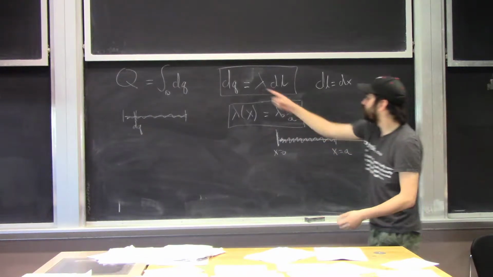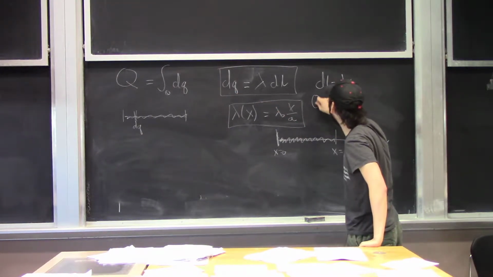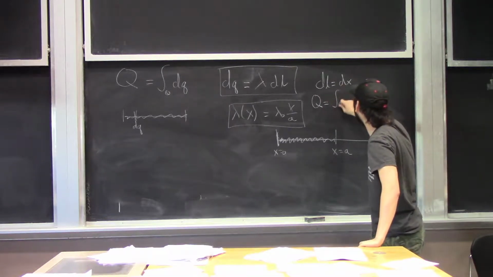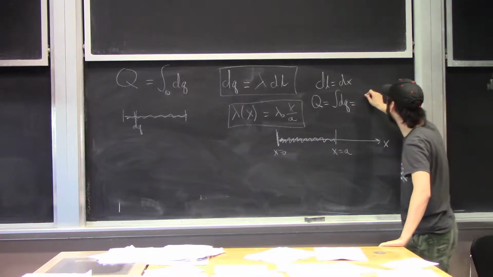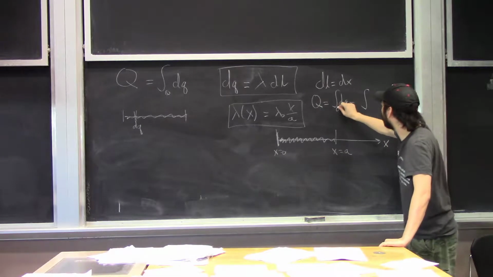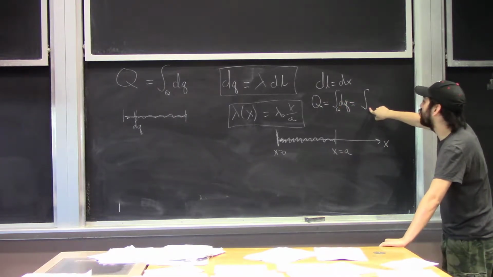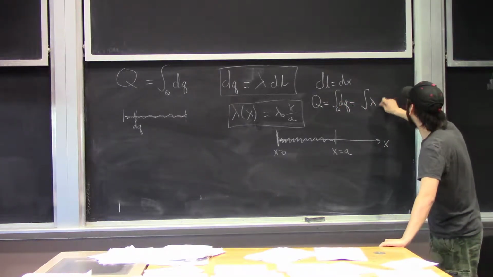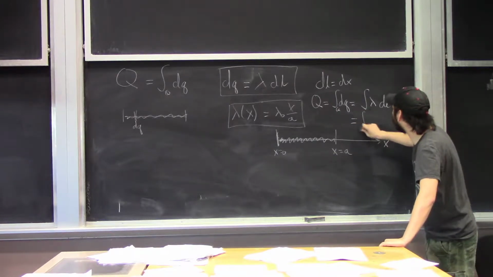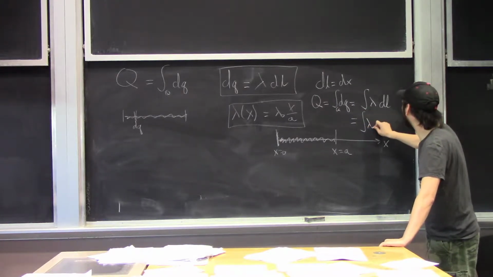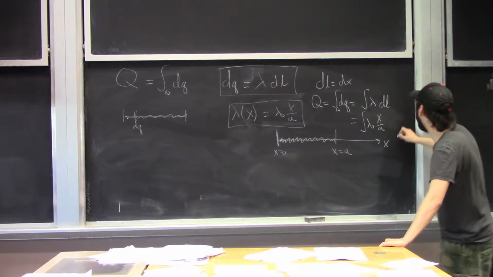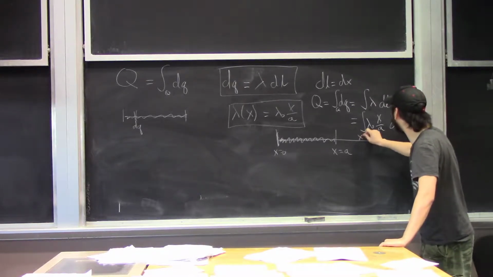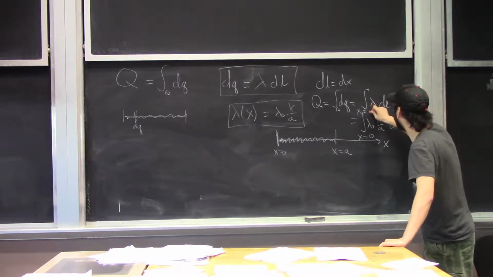And so now we have all the pieces that we need. We can plug everything into this equation, and so we say that q is equal to the integral of dq, which is equal to the integral over the total charge of lambda dl, which is equal to the integral of lambda 0 x divided by a dx from x is equal to 0 to x is equal to a, right?